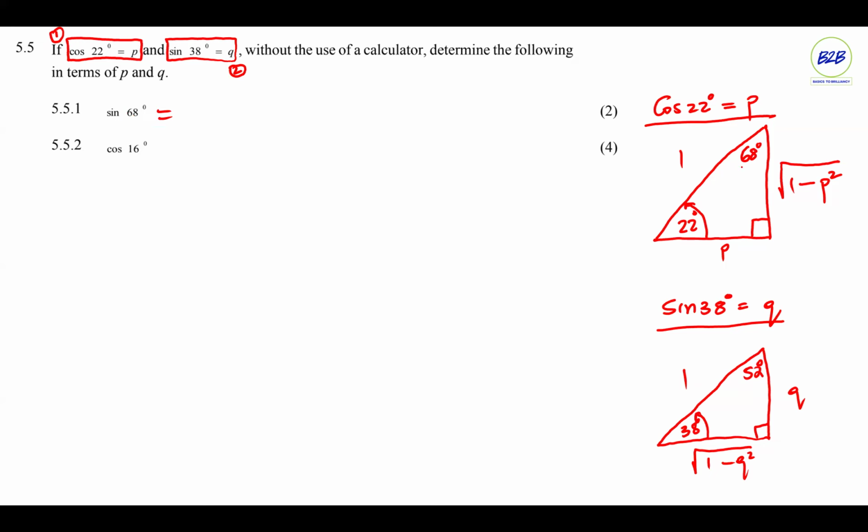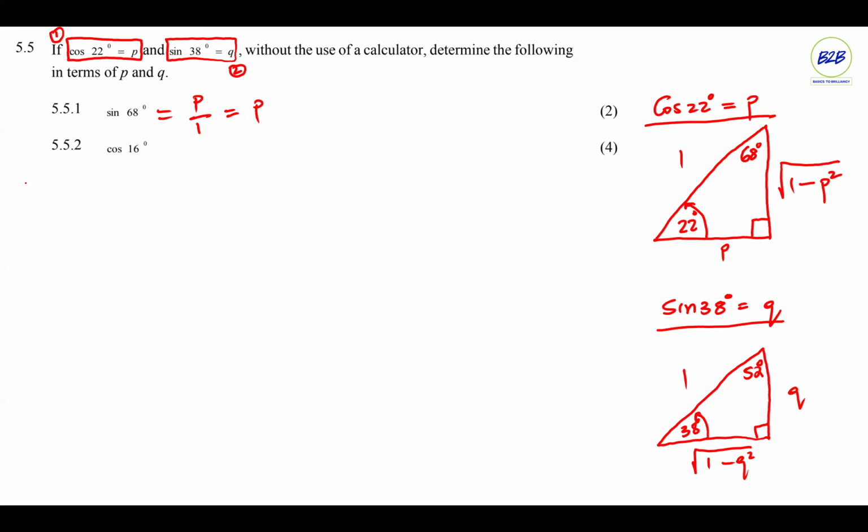What is the opposite side of 68? That is P. So we have P. What is the hypotenuse of this triangle? It is 1. So we have P over 1. So sine 68 degrees is basically P. Right?